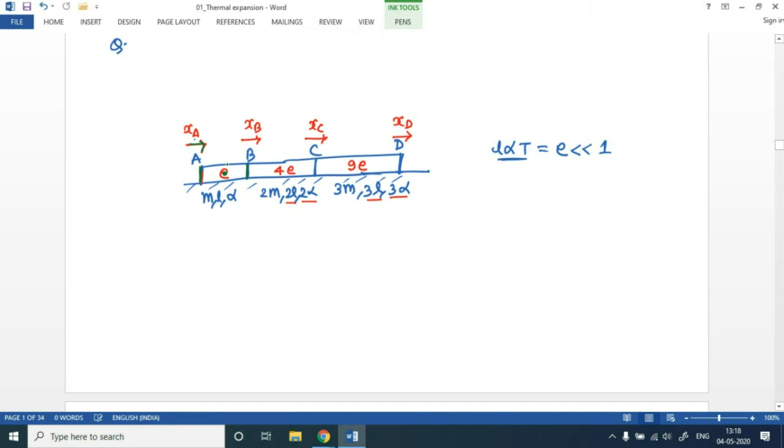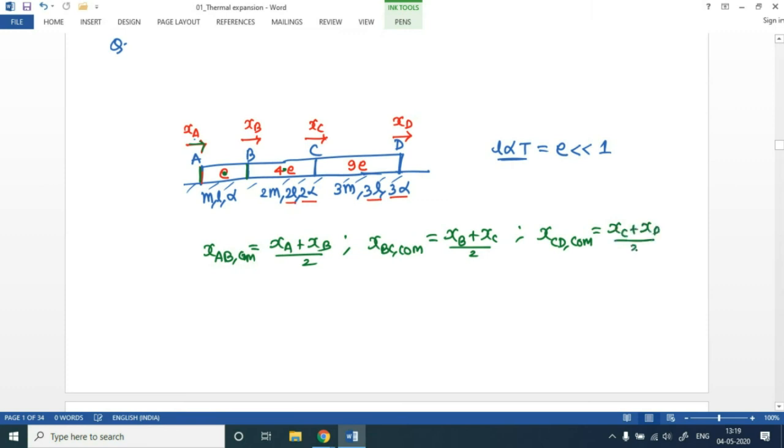So the displacement of center of mass of AB would be nothing but (XA plus XB) by 2, and similarly for BC, the COM displacement would be (XB plus XC) by 2. The midpoint would be displacing by that much. And similarly for CD, the center of mass will be displaced by (XC plus XD) by 2. That you should realize.